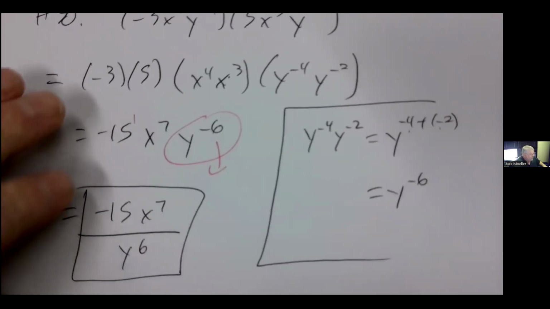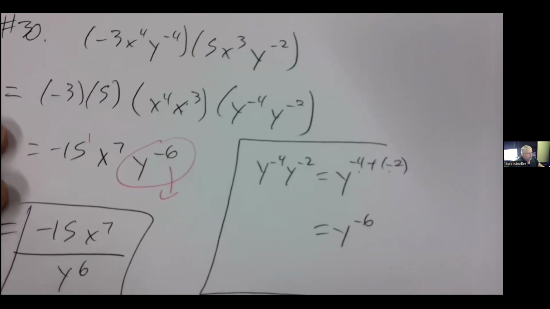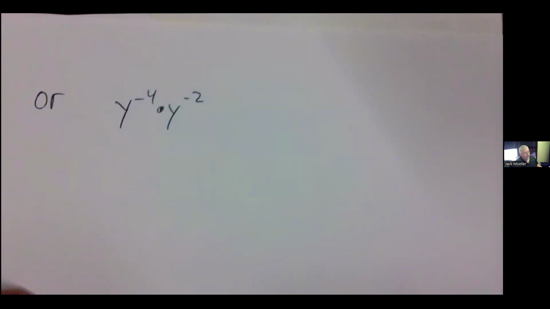All right. So let's look at this y to the negative 4, y to the negative 2, a slightly different way. Rather than doing the product rule first, you could do the negative exponent rule first.